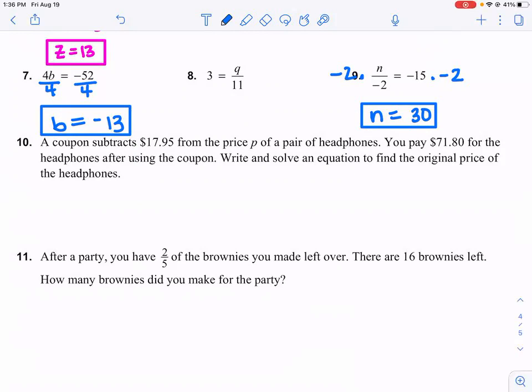A coupon subtracts $17.95 from price P of a pair of headphones. You pay $71.80. Write an equation to figure out the original price of the headphones. Okay. What operation are we going to have? Addition, subtraction, multiplication, or division?